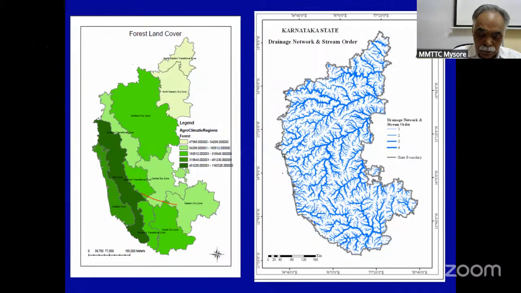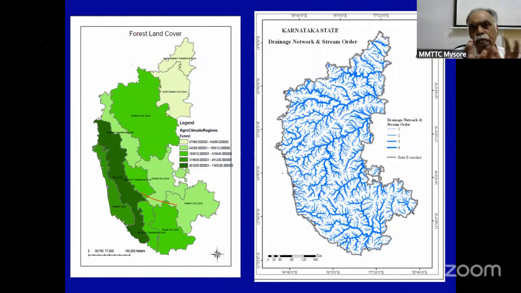The entire Karnataka was clipped out using the Karnataka outline boundary, and I did a lot of mapping, generating data from the satellite images. Especially the groundwater as well as the stream orders and the density of streams, and we generated the digital elevation model, and also the watersheds and subwatersheds, agricultural cropping zones, and the rainfall mapping.